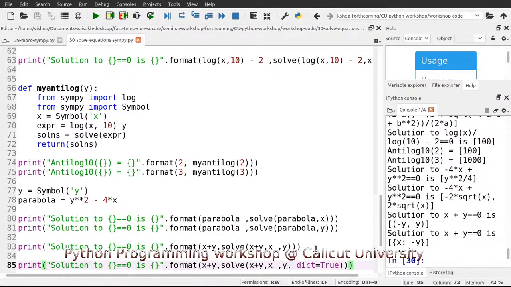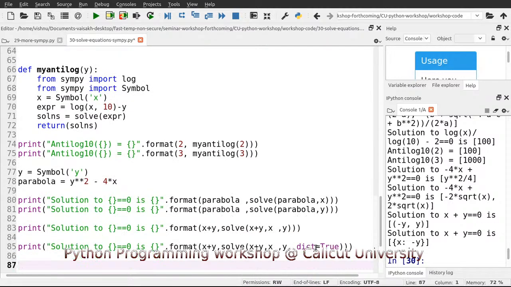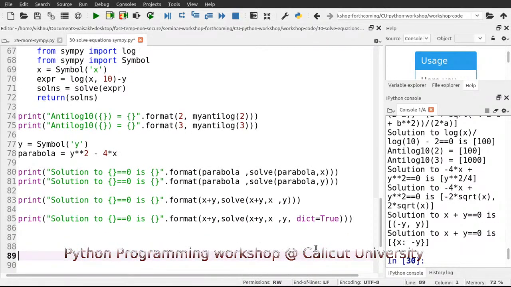Okay, that's it. So now let us try to solve a system of equations, suppose. System, equation 1.